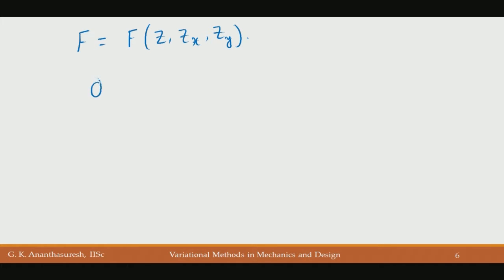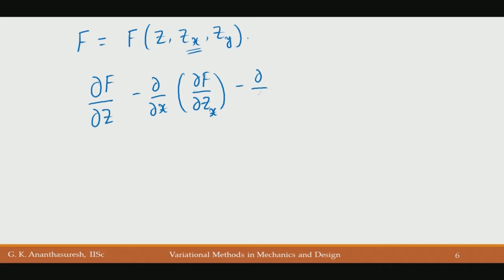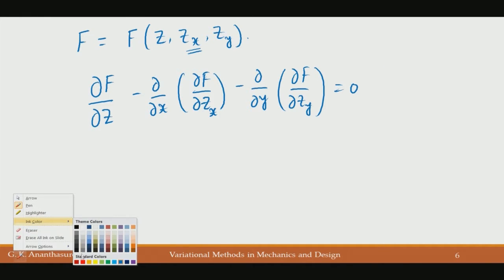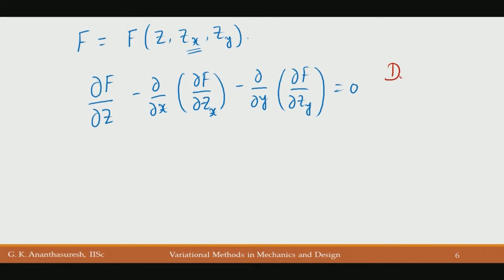So, this gives us a differential equation, that is dou f by dou z minus dou by dou x of dou f by dou z sub x, wherever zx is, only that partial derivative you take, and then take the partial derivative of that with respect to x, minus dou by dou y of dou f by dou z sub y equal to 0. So, this is the differential equation.